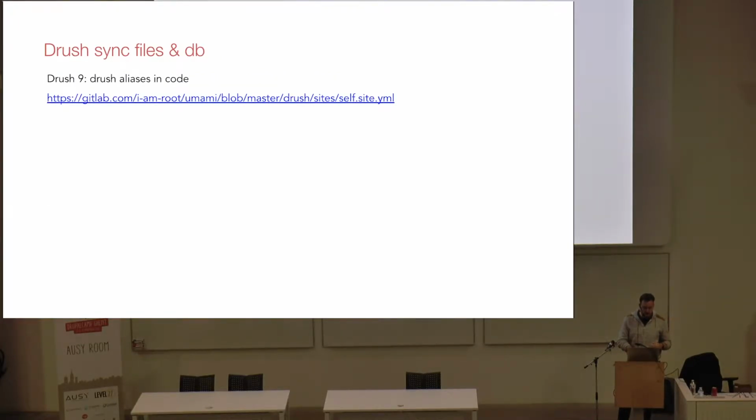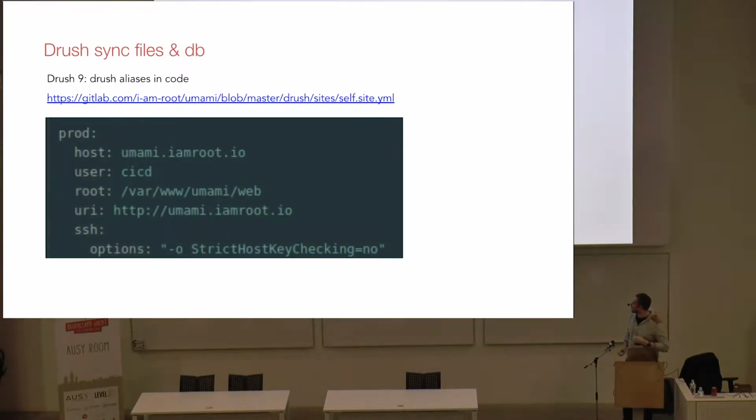Now, drush sync files and DB. From drush 9, we are able to store all the aliases in our repository. So this is what it looks like in my repository. I have created a CI/CD user, which has SSH access to my production website. It has read-only access, and the private key for this is stored in my Docker base image.